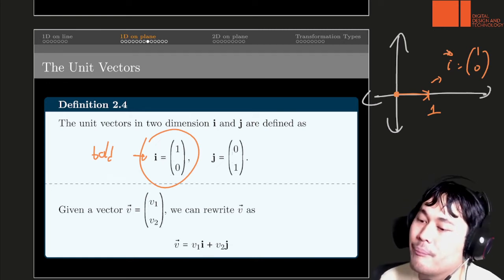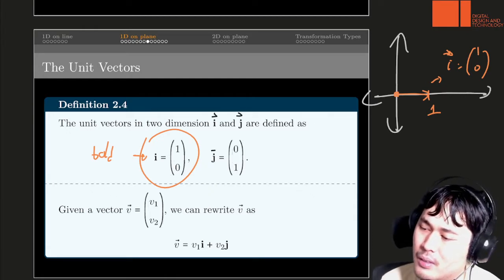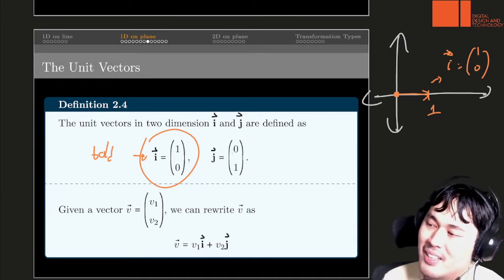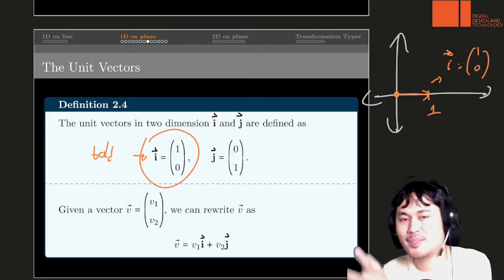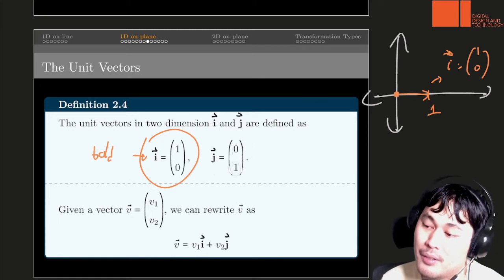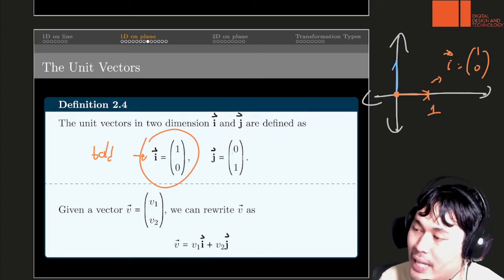But they mean the same thing. Actually, maybe I should also use that notation instead. But anyway, now we have a formal definition of what it means to move 1 step to the right. And likewise, moving 1 step up is this vector j, and that can be represented by this up vector.